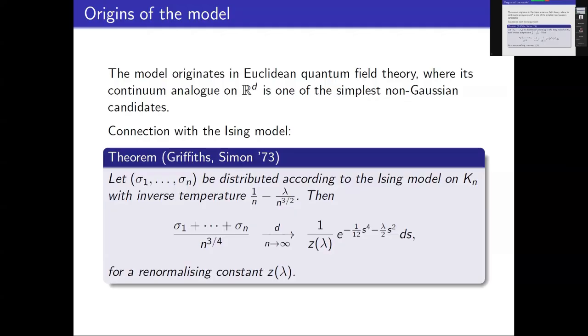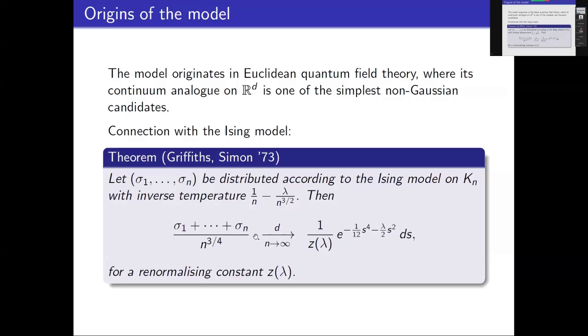Then what they proved is a central limit theorem for the sum of all these spins in the complete graph, except that you don't divide by square root n, you divide by n to the 3/4, and you don't converge to the Gaussian. You converge to this distribution. So you see again this exponential of minus this quadratic polynomial, and here you see this parameter lambda, which you also see here in the parameter of the model.